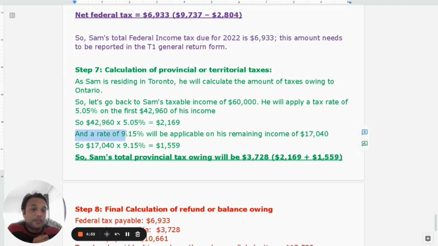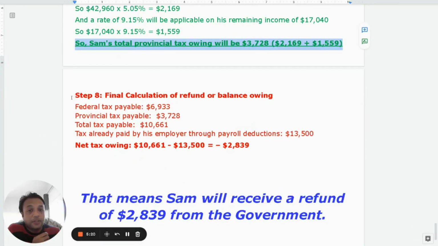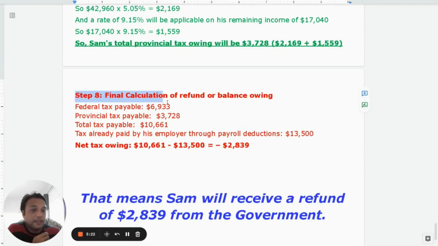Now, a rate of 9.15% will be applicable on his remaining income of $17,040. So that would become $1,559. So Sam's total provincial tax owing will be $3,728.